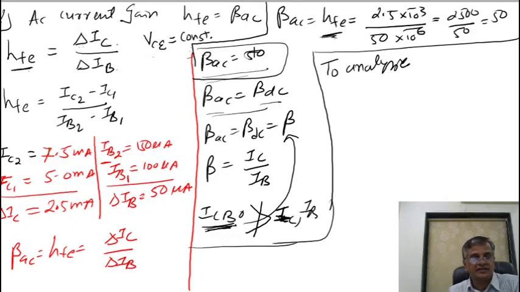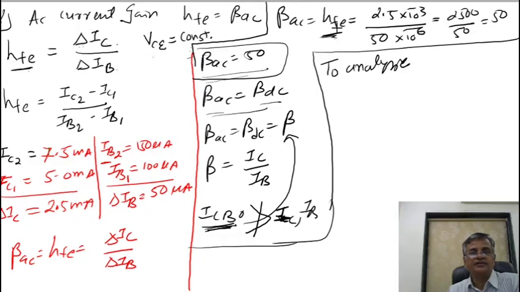You may ask, what is the analysis? Analysis means if you want to find its voltage gain, input resistance, output resistance, and many parameters related to the amplifier circuit, then such parameters are very useful.